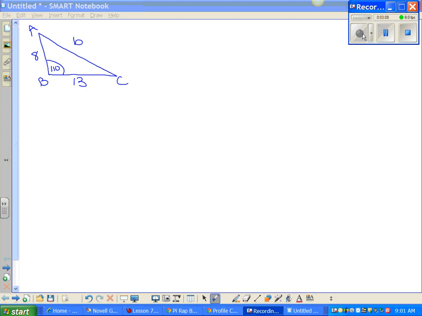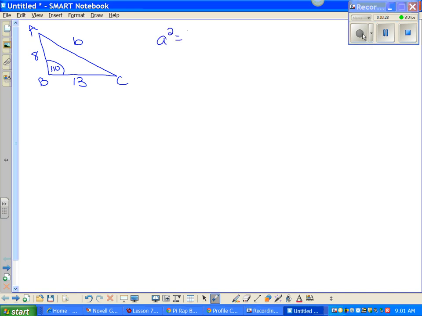Okay, so we have two sides. We have the angle in between, and we're looking for the side opposite the included angle, right? So since we have this set up with the two sides and the angle in between, we're automatically going to go to law of cosines. So we're going to write down law of cosines.